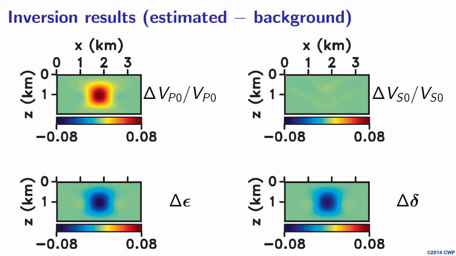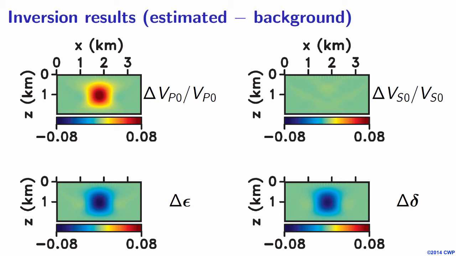So here we see that the fractional change in VP0 is close to 9%. It's 0.08 and it's quite close to the right values. But because V horizontal and VNMO are not updated accurately, we've got faulty updates in epsilon and delta. So here we've got large negative updates. And VS0 still doesn't get updated.